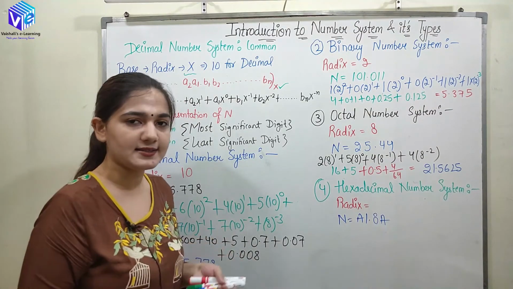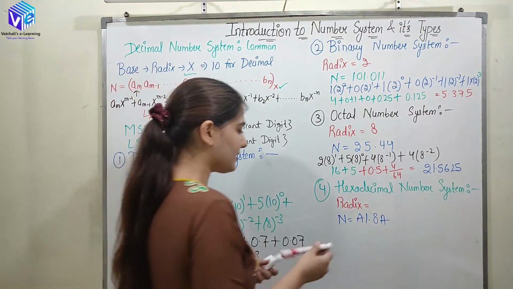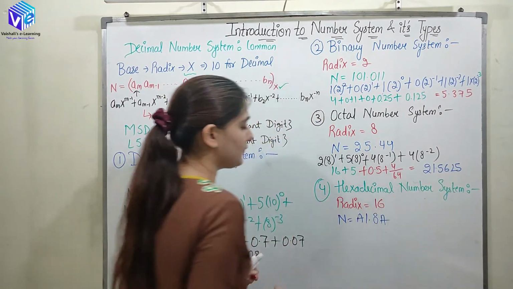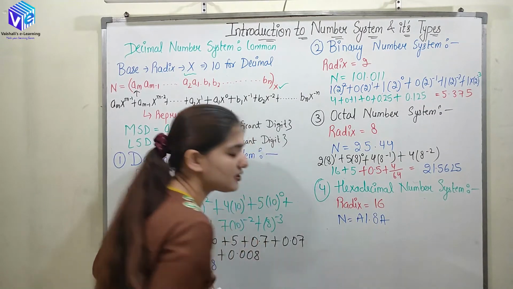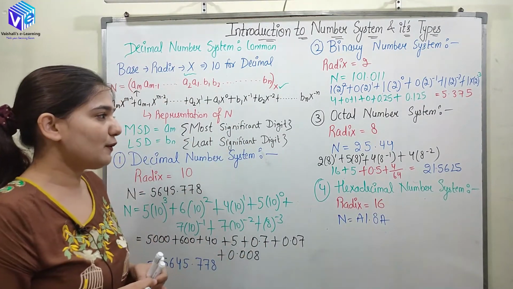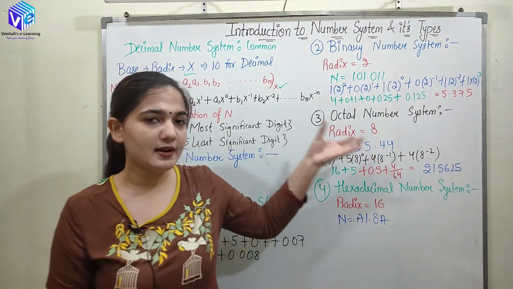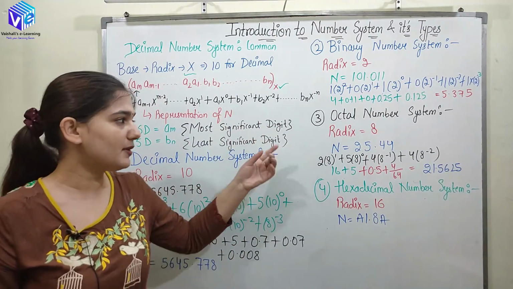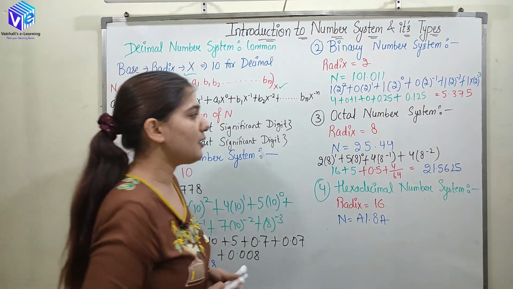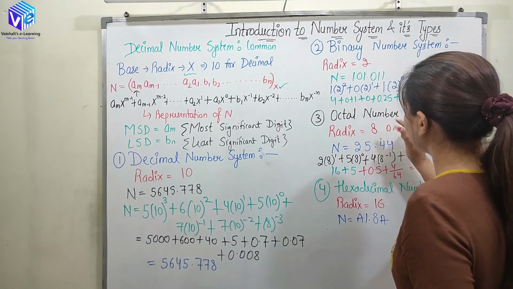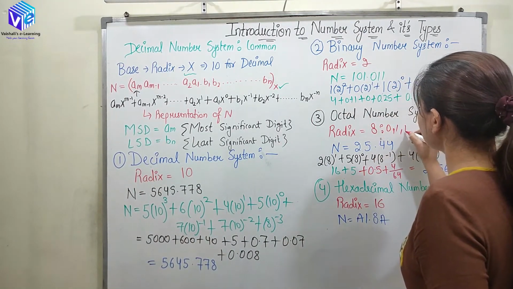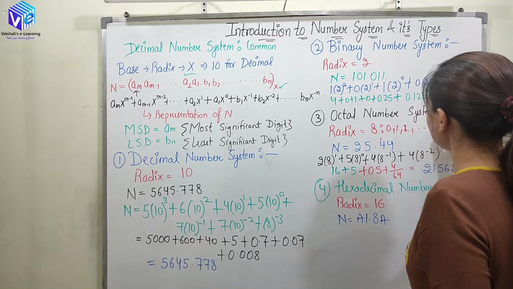Now coming to the hexadecimal number system. In the hexadecimal number system, the radix value is 16. So the number can be represented as A is the number which is representing the 10. So here I hope you remember how I told you we will be having the numbers. If the radix value is 8, we will be having the number starting from 0 and it will go up to 7, right? 1, 2 up to 7.